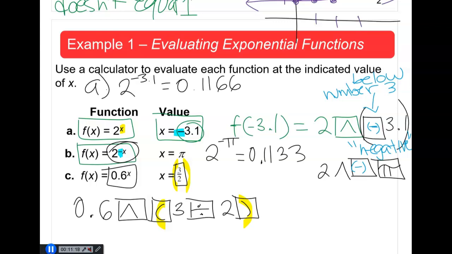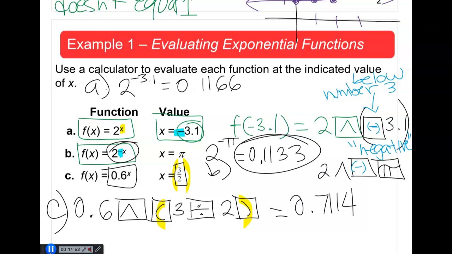And so that is going to be equal to 0.7114 if we round to 4 decimals after the decimal point. And yes, this is the answer for part C. And this is the answer for part B.